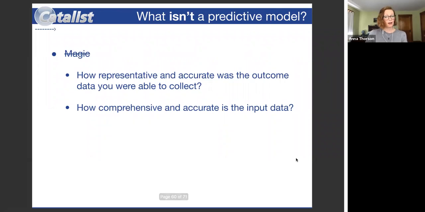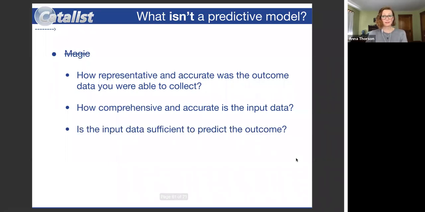Another question, how comprehensive and accurate is the input data? I am really fortunate to work with a really great database that has tons of historical data, tons of commercial data, that's kept really up to date and accurate. But input data is not always perfect either, and a model can't account for having insufficient inputs.